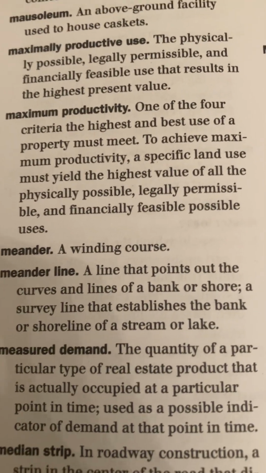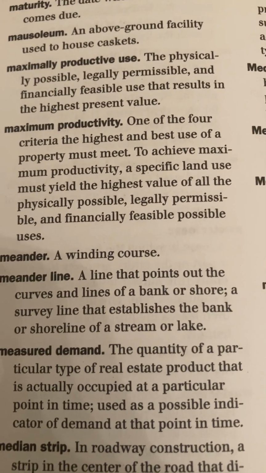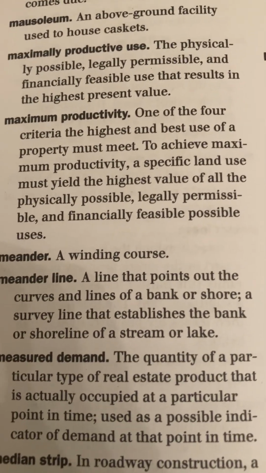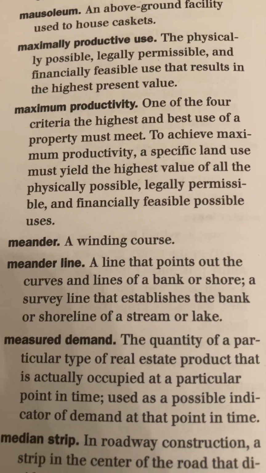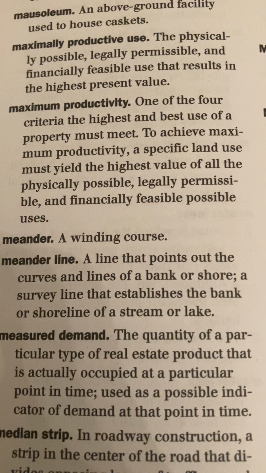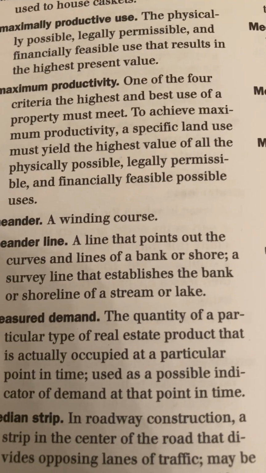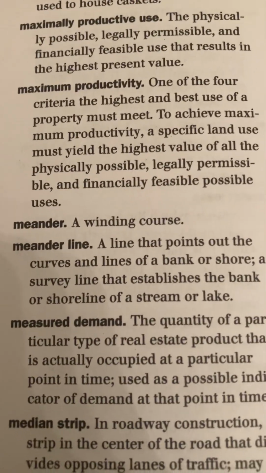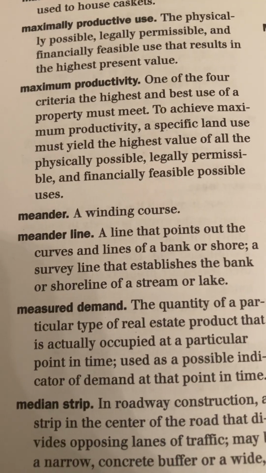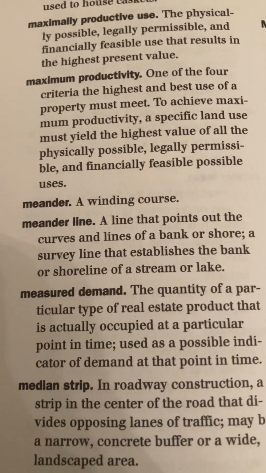One of the four criteria the highest and best use of a property must meet. To achieve maximum productivity, a specific land use must yield the highest value of all the physically possible, legally permissible, and financially feasible possible uses.